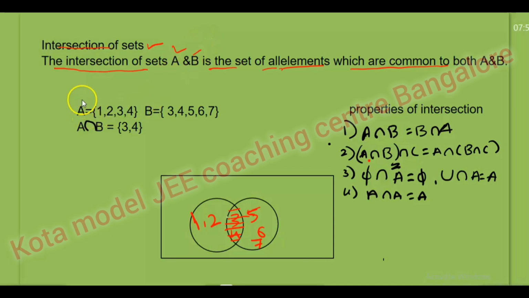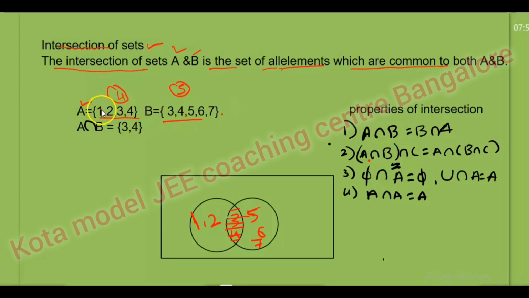For example, set A contains 1, 2, 3, 4, totally 4 elements. In the set B, totally 5 elements will be there: 3, 4, 5, 6 and 7.